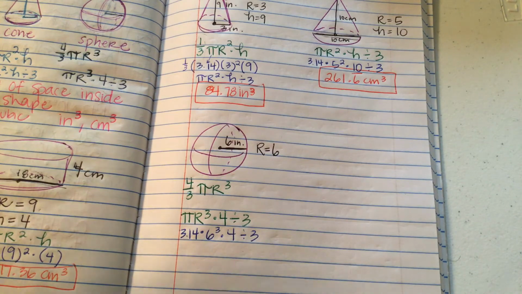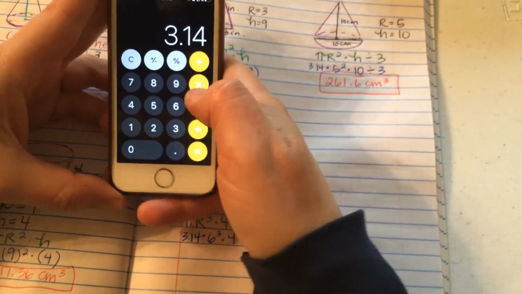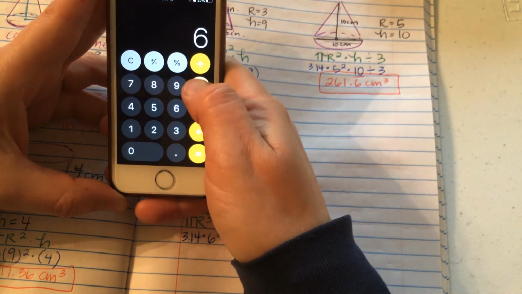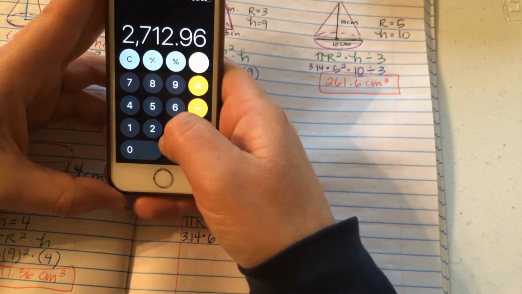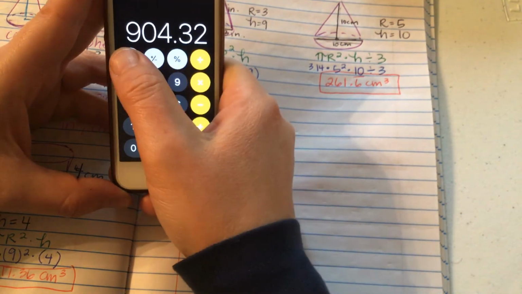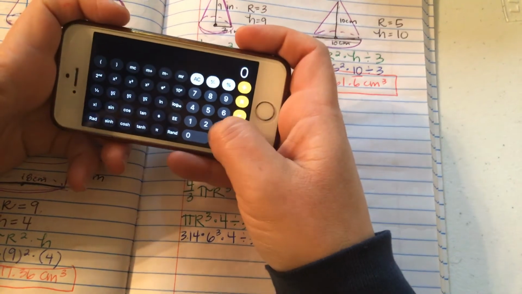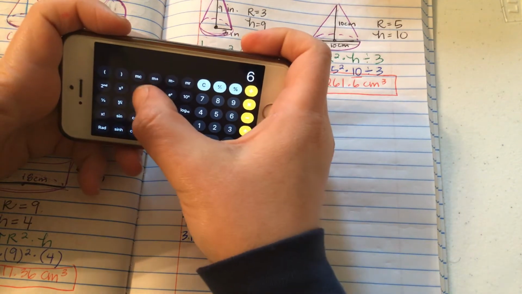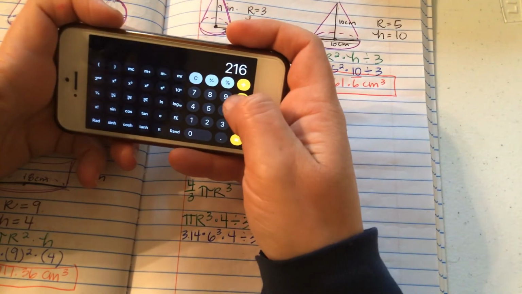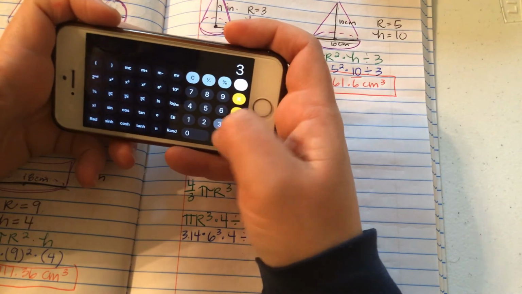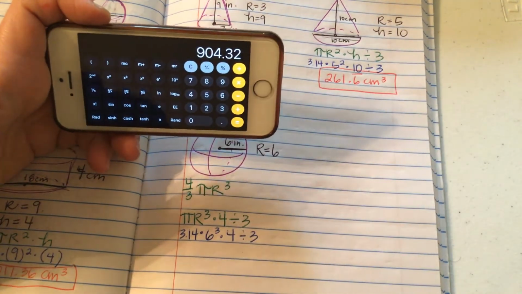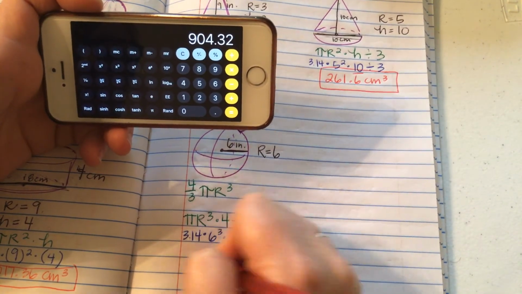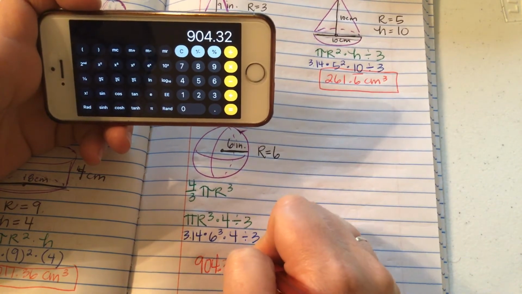So 3.14 times 6, 6 again, 6 again, times 4 divided by 3. Or if you have a cubed button, 3.14 times 6 cubed times 4 divided by 3. So my answer would be 904.32 inches cubed.